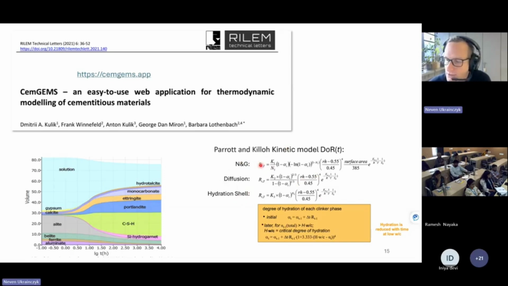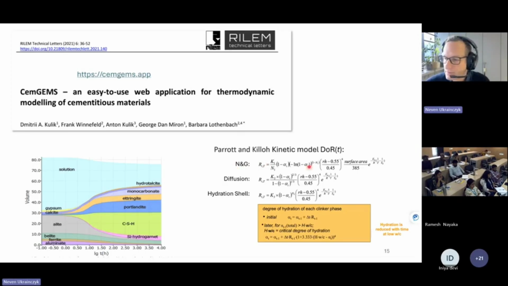And only the one that has the lowest rate is rate limiting. No, actually it is the highest rate. Oh, sorry. It is the highest rate, the lowest resistance, I mean.